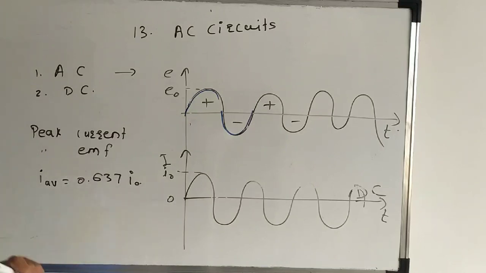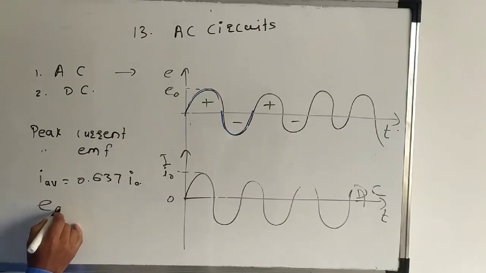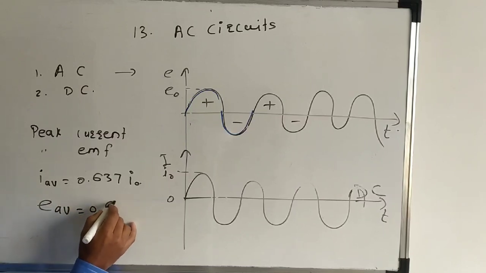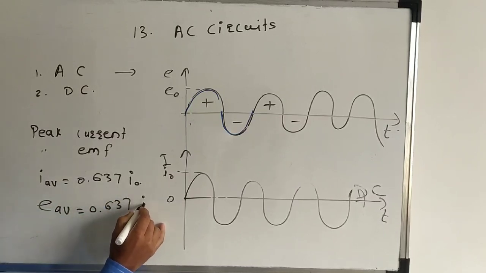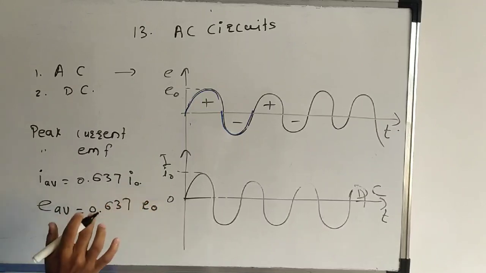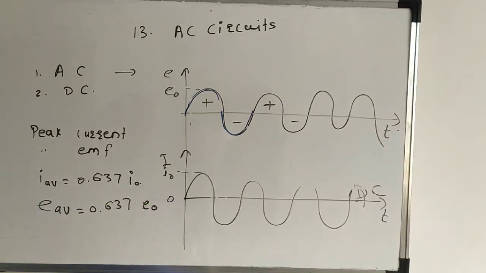Similarly, the average EMF is given by 0.637 of the peak value of EMF. So this is the relation between average value of EMF and peak value of EMF.